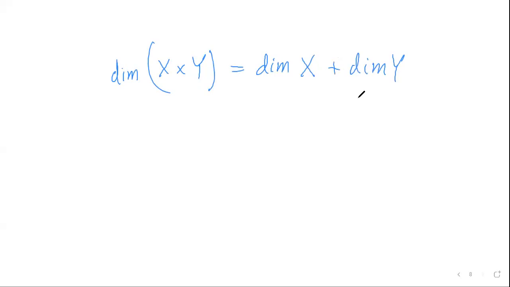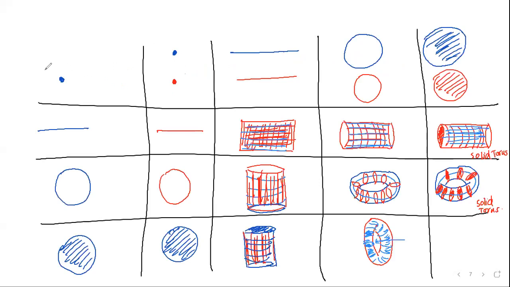So every time, if you see that it is a zero dimensional thing, and another zero dimensional thing, multiply, you will get a zero. A zero dimensional thing times a one dimensional thing gives a one dimensional thing. A one dimensional thing gives a one dimensional circle. A two dimensional thing gives a two dimensional one.